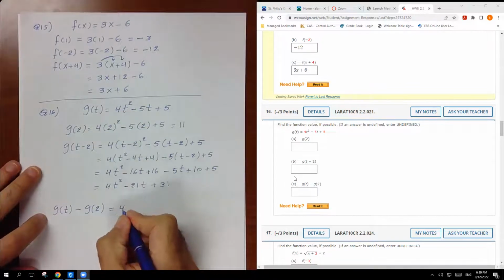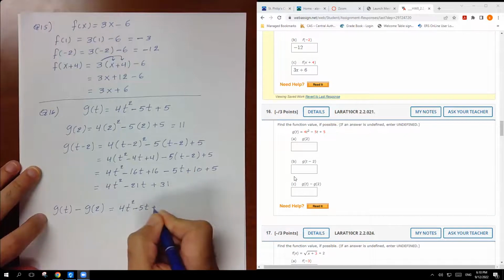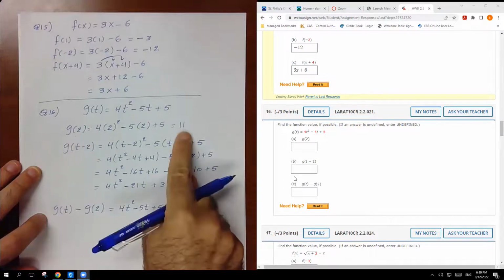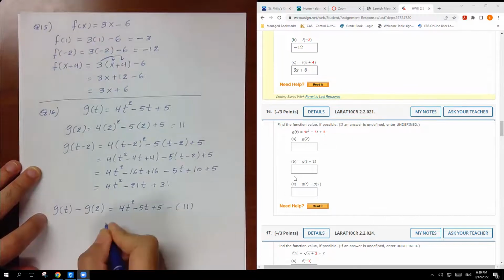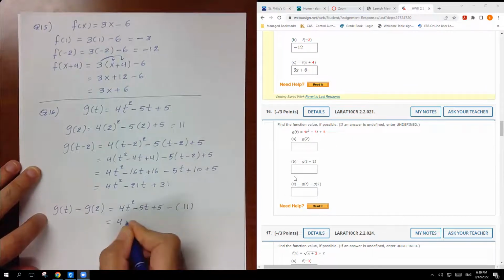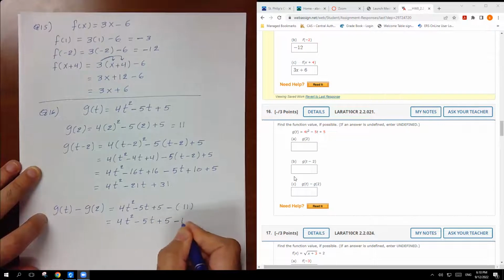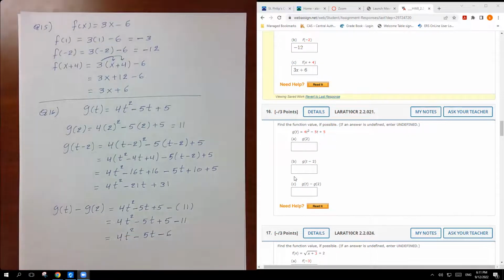So 4t squared minus 5t plus 5 minus g of 2, which is 11. That means this one is going to be 4t squared minus 5t plus 5 minus 11. And the result is going to be 4t squared minus 5t minus 6. That's it. This is for the third one.